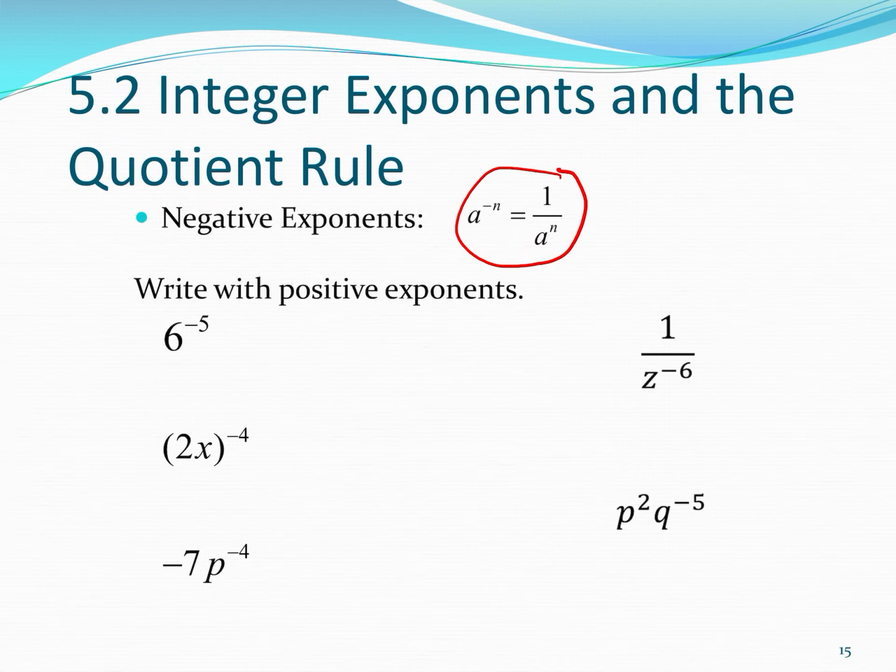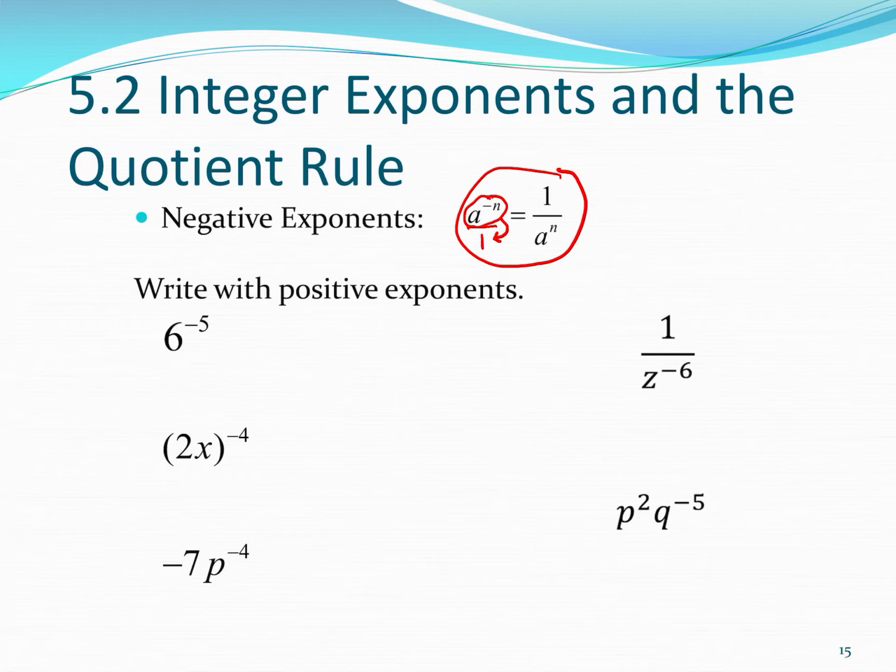This is the basic negative exponent rule that we're going to have. You need to make sure you have this written down somewhere in your notes. It says that if you take a base and you raise it to a negative exponent, the way we make the exponent positive is to put that base and its exponent underneath 1.